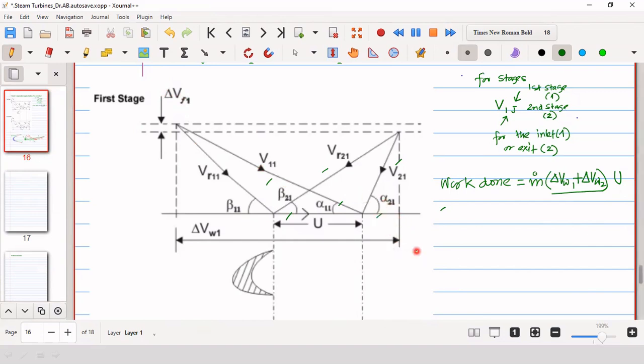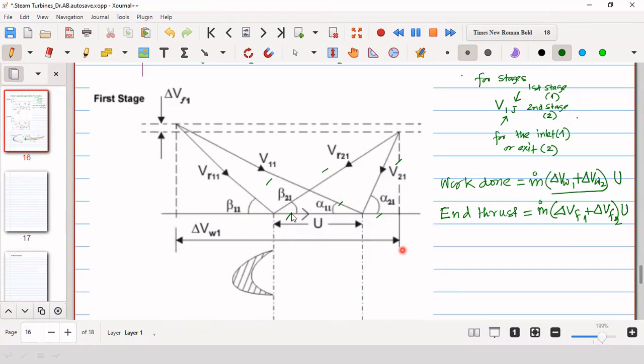Okay, so that will be basically. So we can write end thrust due to the axial component of velocity, that is m dot multiplied by delta Vf1 plus delta Vf2 multiplied by u.